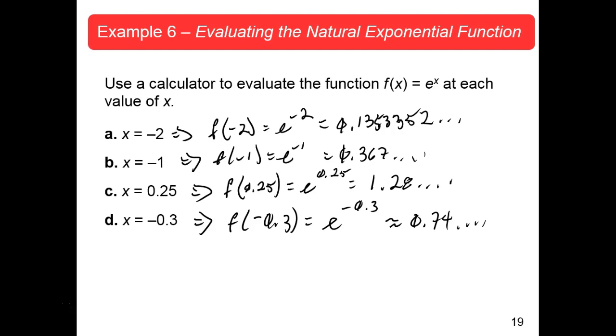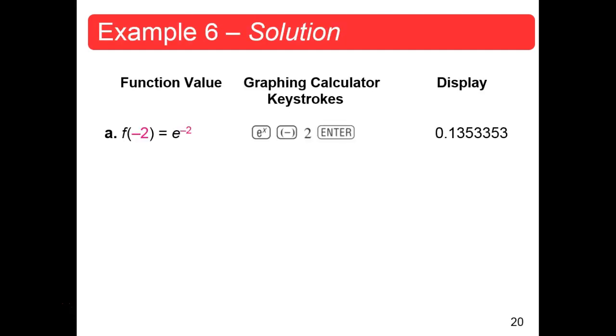All right. Oh, here we go. They show you how to do it. E to the -2. Now this is on graphing calculators. If you don't have a graphing calculator, you have to know the syntax for yours. Skylar had a phone that used the old scientific notation, and on that one you do things sort of backwards.